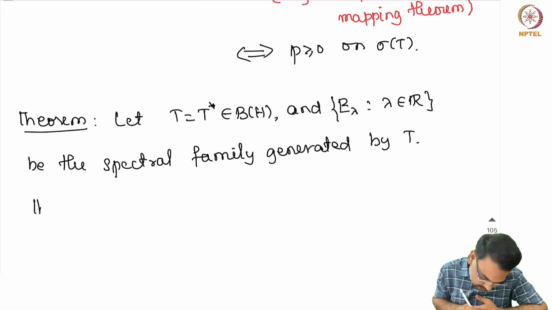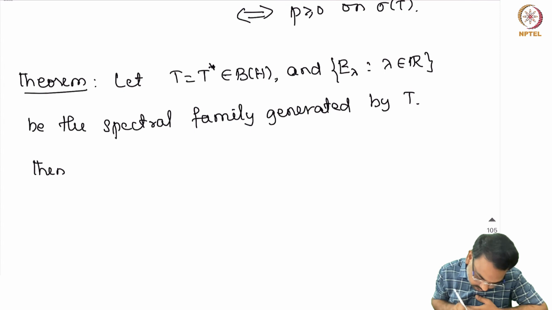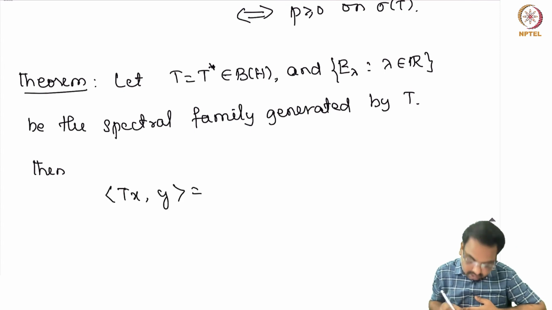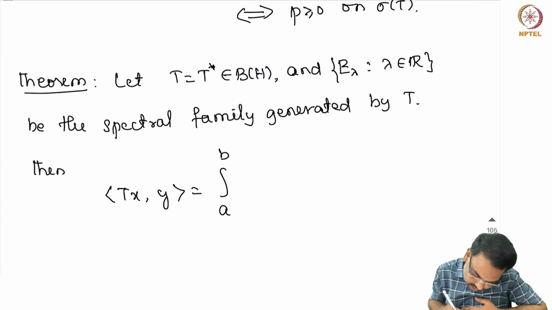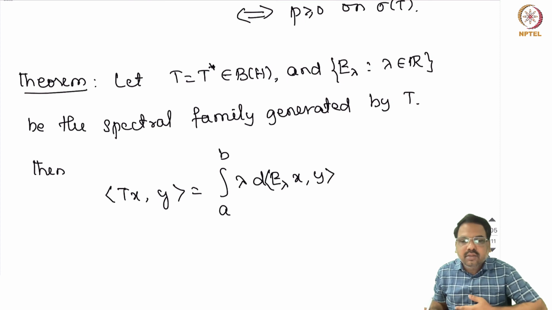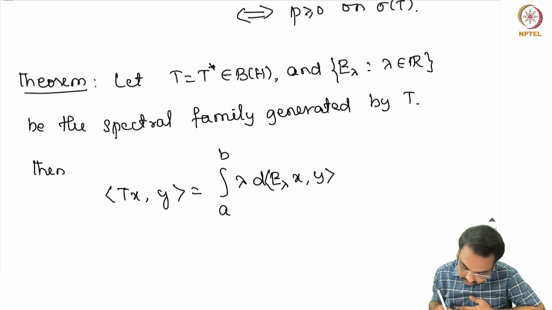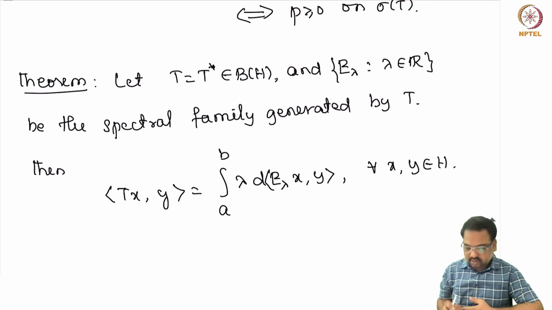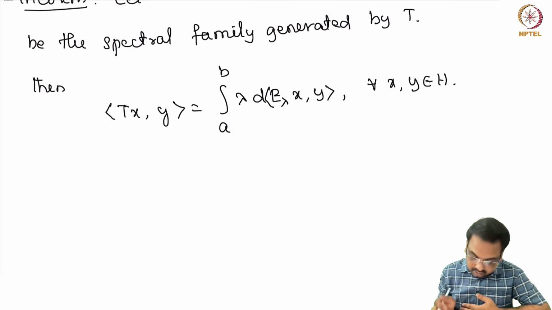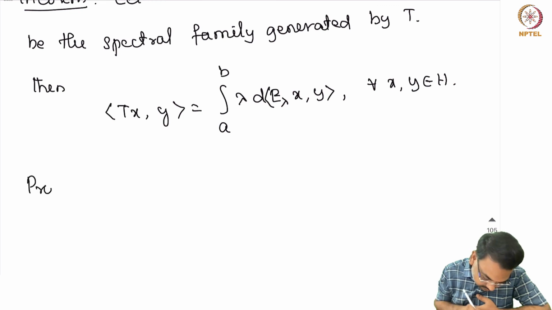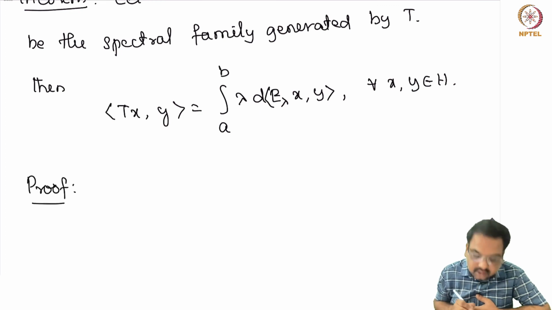Then we can say that for every x and y in H, the inner product of Tx with y is nothing but the integral from a to b of lambda d inner product of E lambda x with y. Now we have to understand the meaning of this expression.